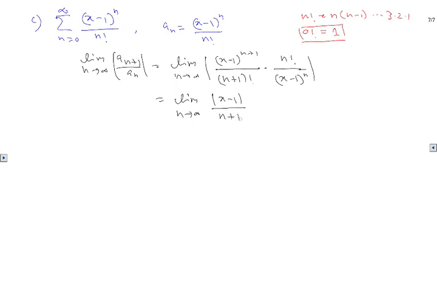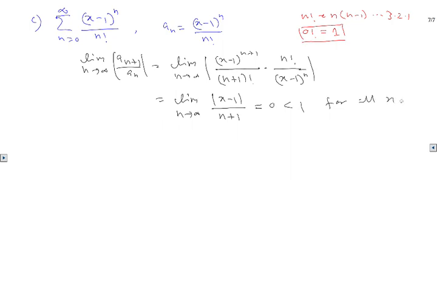Now there's something interesting here, because x is a fixed number and n goes to infinity, so you're dividing by a large number. That means for any x, this is going to be 0. That's why this works. So this is 0, but this is less than 1 for all x.